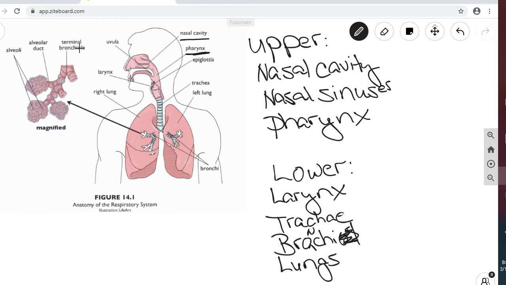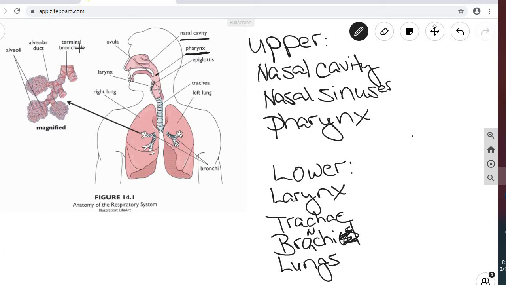The pharynx actually helps to close off the nasal cavity when you're swallowing. In the same way that the epiglottis does, it helps to ensure that the food goes down the esophagus and not down the trachea, because the pharynx closes that off when you swallow.